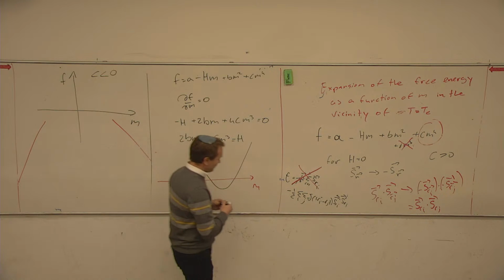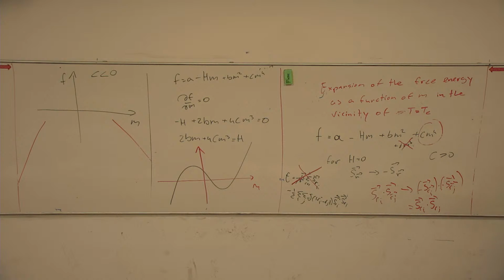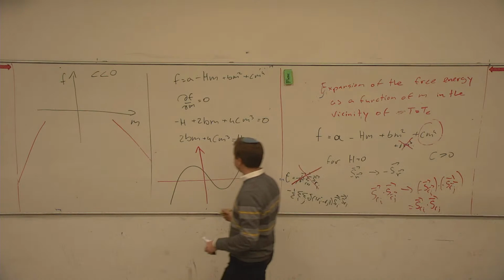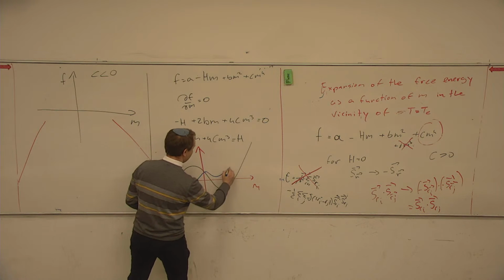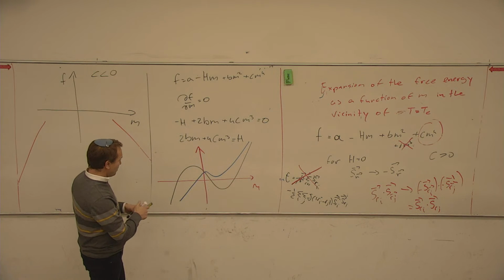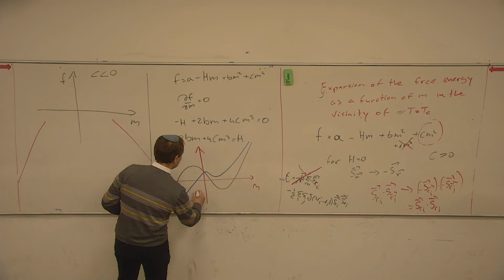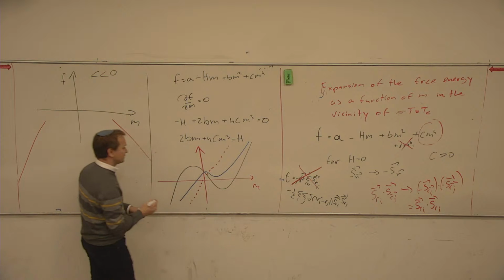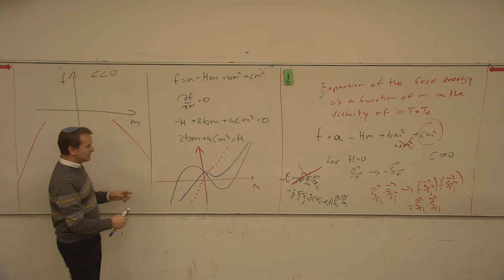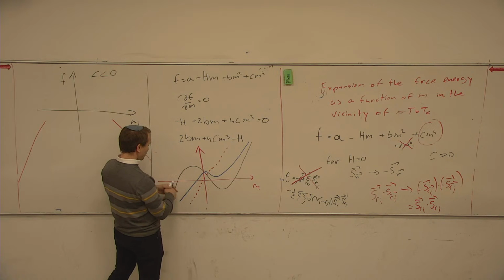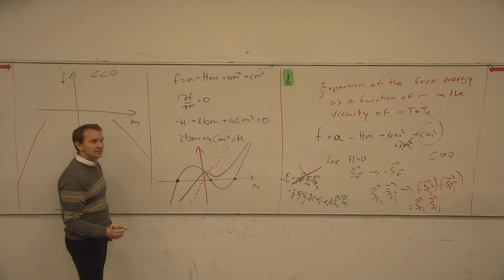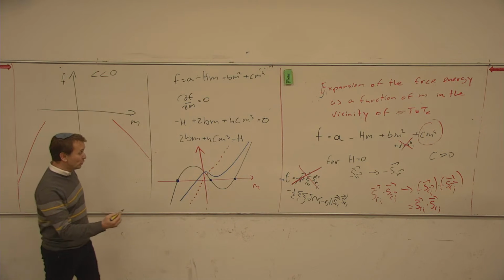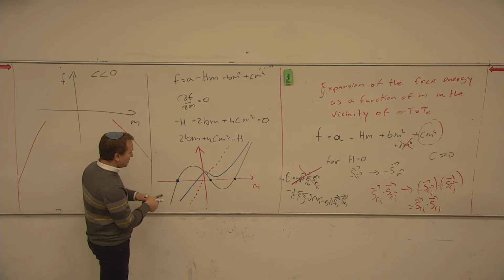Or it can go like this, or it can go like this. Right? So we see there is a transition for this function from a situation where we have 3 solutions, right? Exactly as we've seen in the Ising model, to a situation where we have only one single solution.